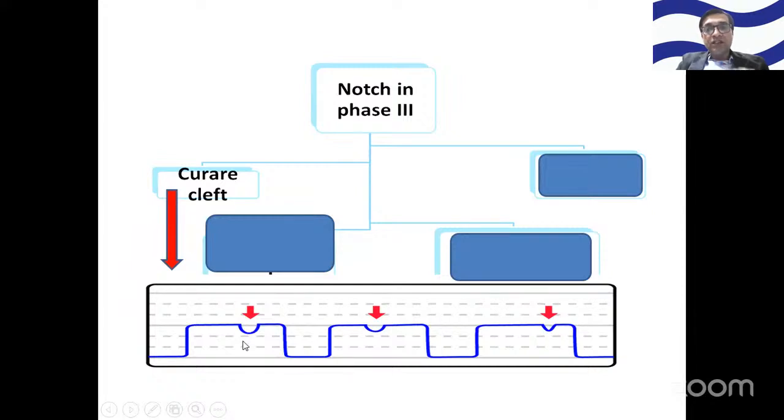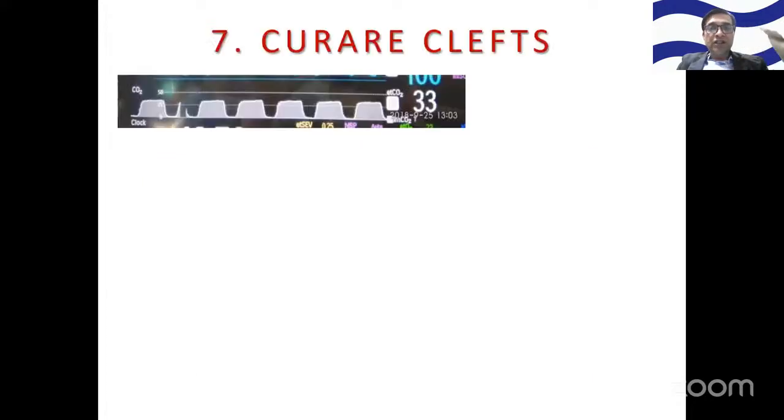So the timing of the cleft on phase 3 is not constant in curare cleft, because patients can behave differently when they are weaning off from the muscle relaxation. So a notch coming at a different time interval on phase 3 is called curare cleft.